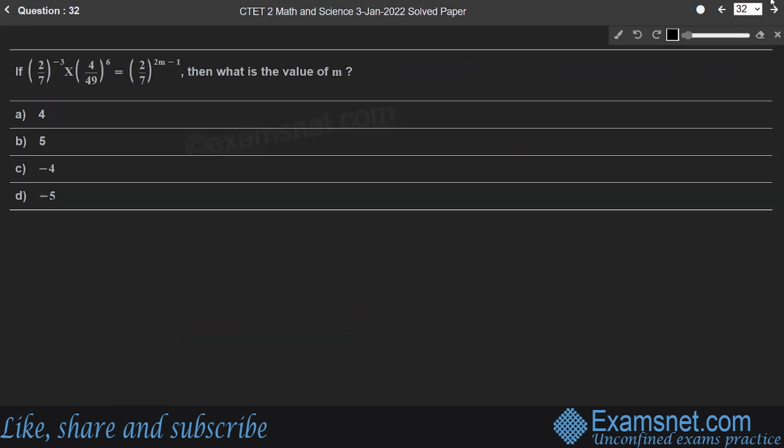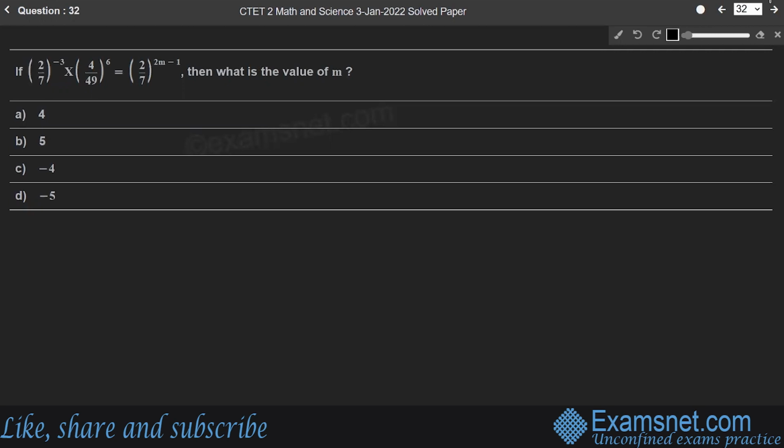Question number 32. If (2/7)^-3 × (4/49)^6 is equal to (2/7)^(2m-1), then what is the value of m?